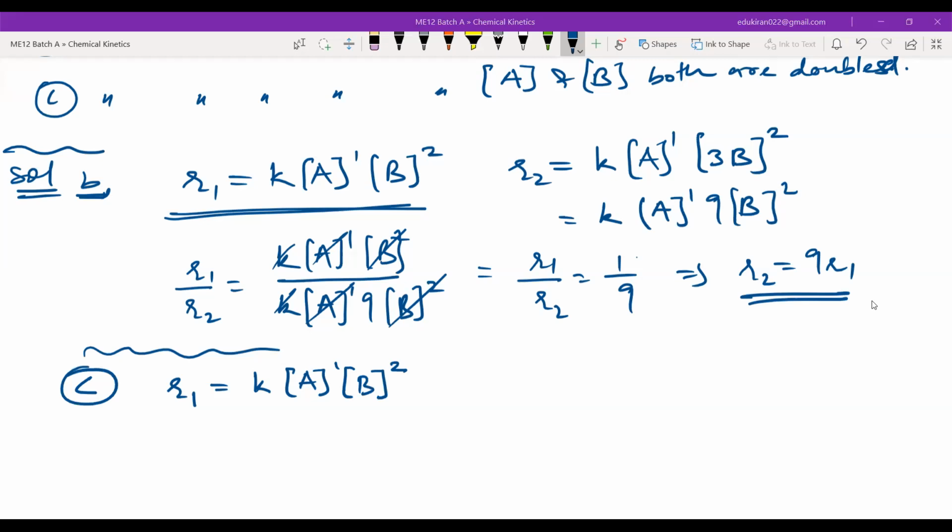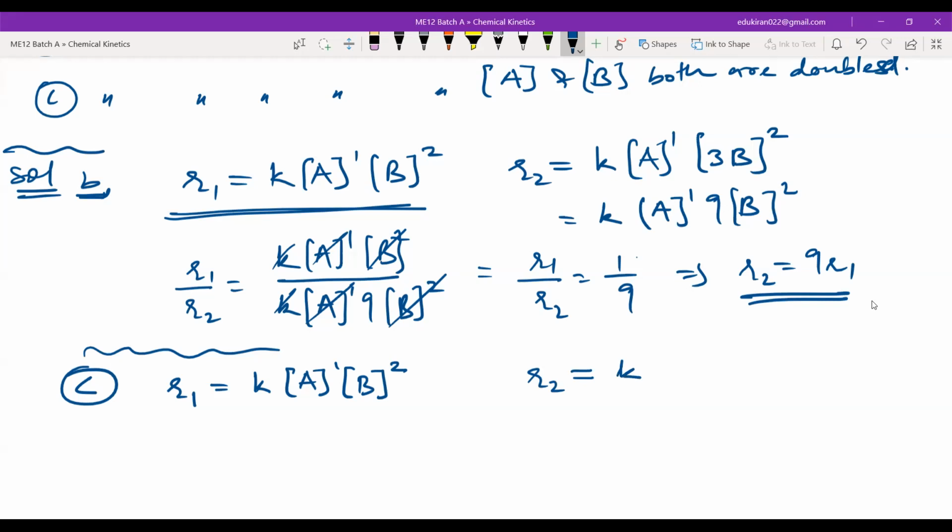Concentration of A and B both are doubled. So we have to use R1 first initially, then R2, right? How is the rate of reaction changed? We have to tell that. We cannot tell accurately what the rate of reaction is. We can only tell how the rate of reaction has changed when we increase it.